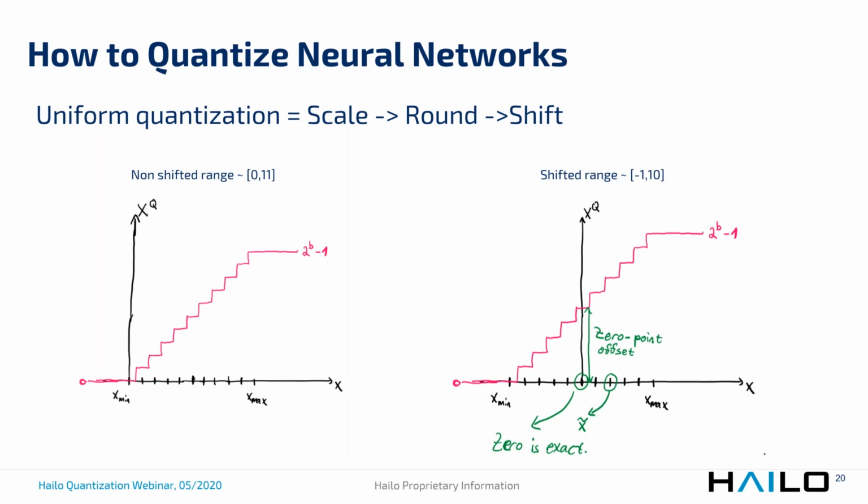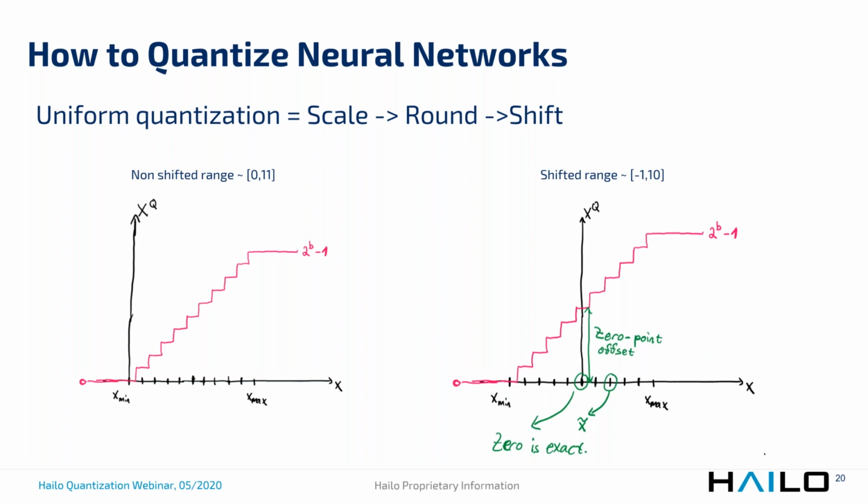We want the largest number in the real domain, which is 11, to be represented by the largest number in the integer domain, which, if we are using 8 bits, is 255. So the ratio between these 2 numbers is the scale. However, since in the integer domain we only have 255 numbers, if any scaled number doesn't turn into an integer after the scaling operation, then we're going to round it to the nearest integer. So that's the basic idea behind this transformation from the real domain into an integer domain.